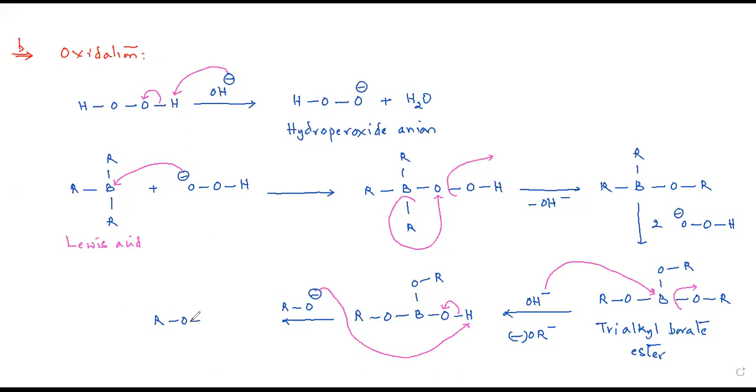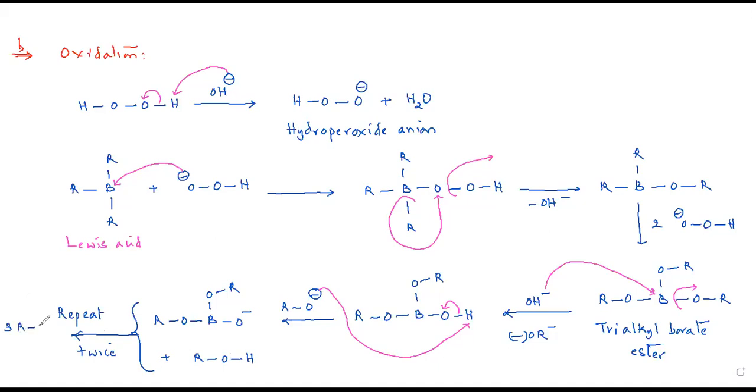You will get the final product. RO, B, OR, and this O minus. Along with this, of course, we get alcohol. See, the same thing has to be repeated for 2 more times. Finally, you will be getting 3 moles of the alcohol.